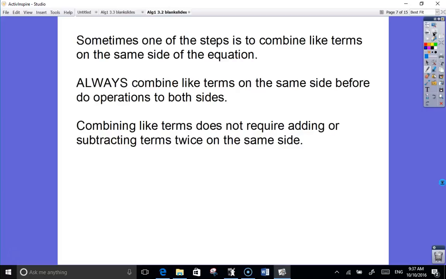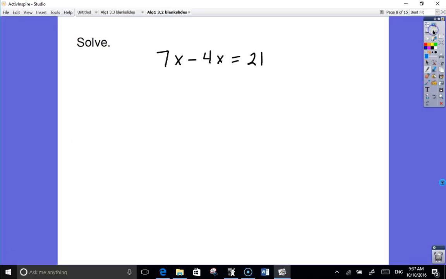And combining like terms does not involve adding twice to the equation, right? That's a common mistake that we see: you think you're going to cancel one of those terms by adding the opposite, and then you do it twice, but you did it twice on the same side of the equal sign. So you never want to do that. Remember, combining like terms, you don't have to add to both sides of the equal sign.